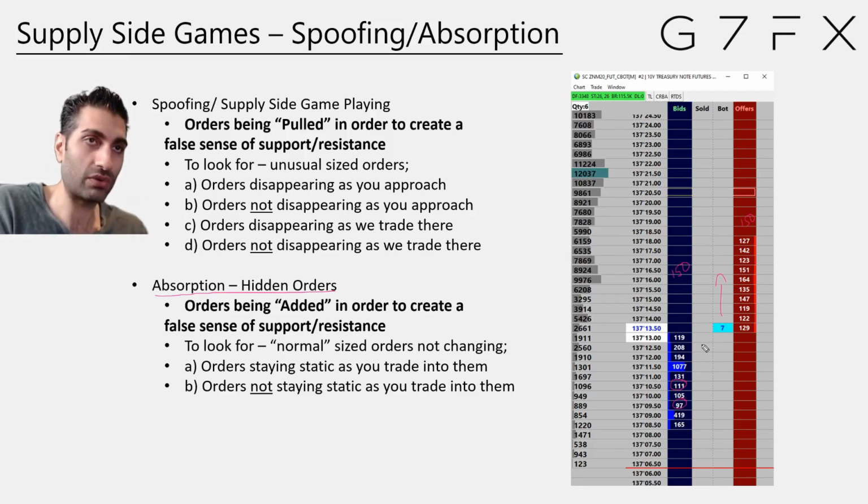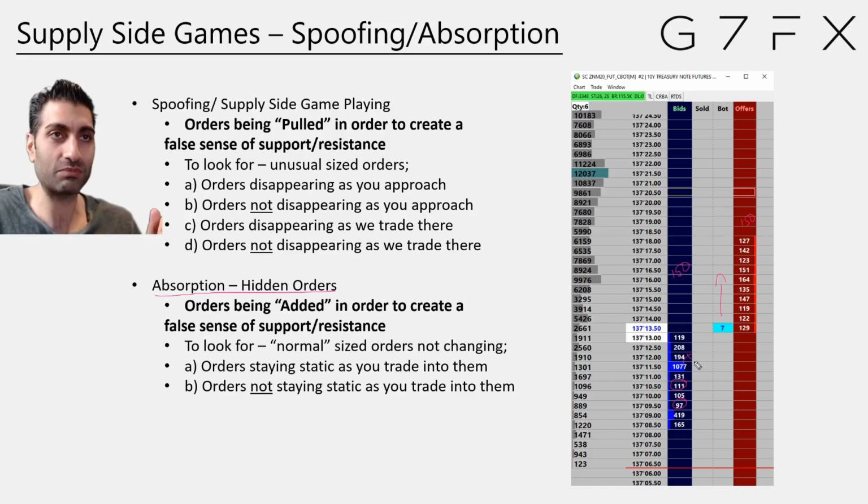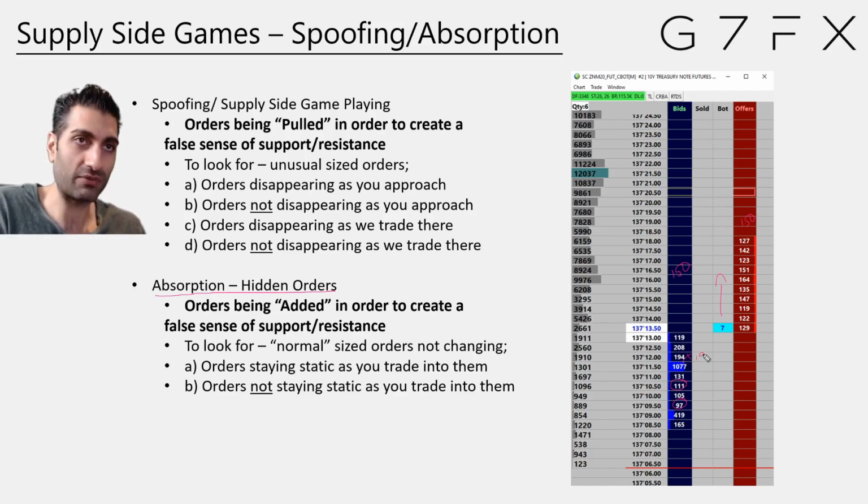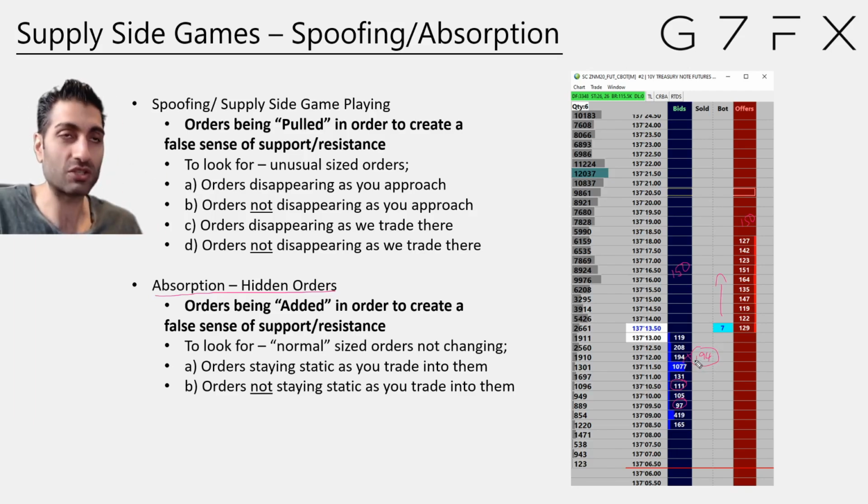So let's have a look. What's going on is you've got 194 here. So let's say the market trades down to it, and those 194 get sold into. So I get long 194. What I'm going to keep doing is, so you see 194 appear here in the demand side of the sold column, I'm going to keep putting 194 in.